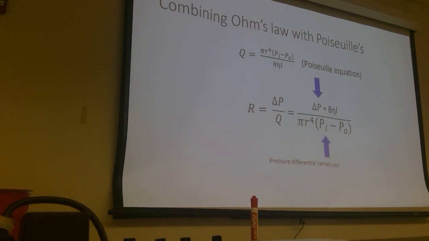So delta P and this pressure in the inlet minus pressure in the outlet, those are both delta P's. So I can cancel those out. And that gives me this 8 eta L over pi r^4 equal to resistance. You following? So that's why I said the pi r^4 over 8 eta L is the reciprocal of resistance. So to get the reciprocal, I would flip this, right? So flip that, pi r^4 over 8 eta L equals the reciprocal there.